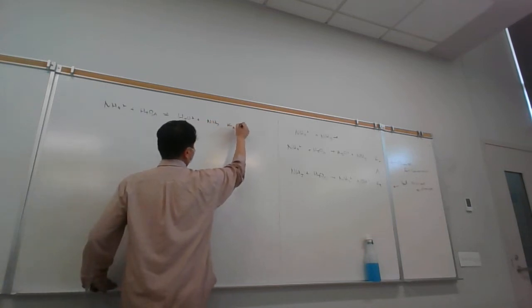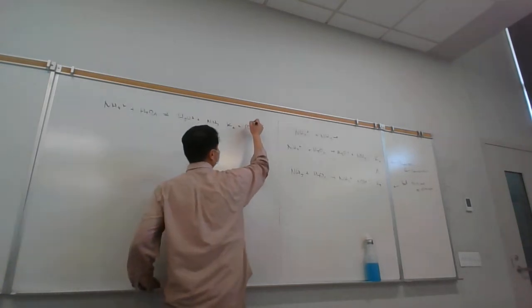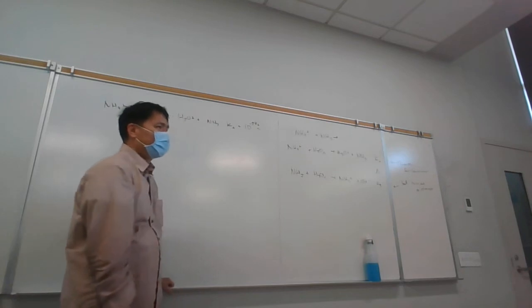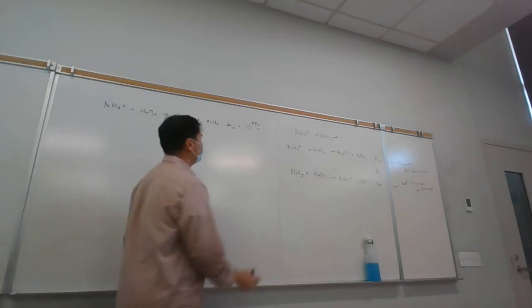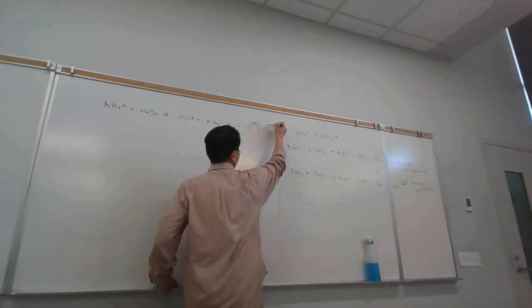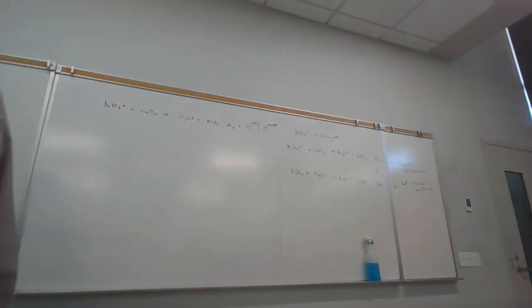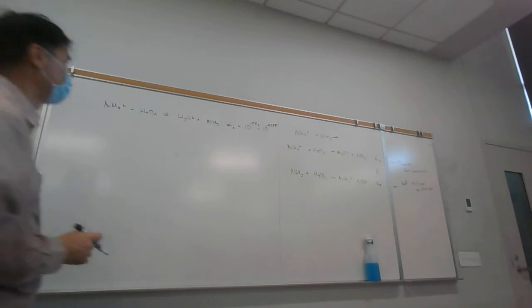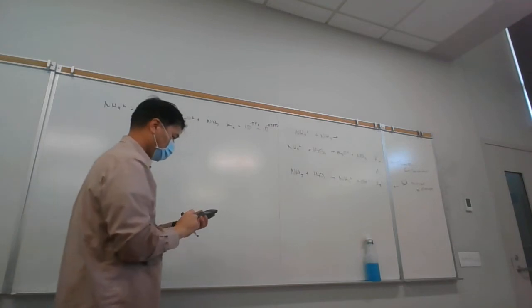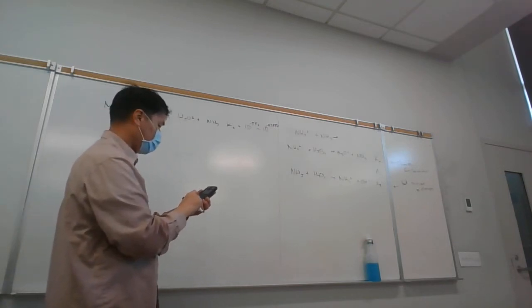Ka for this is going to be 10 to the minus pKa. I didn't calculate the Ka for this. And the pKa was what, 9.2553? So I'm going to go ahead and calculate that here.